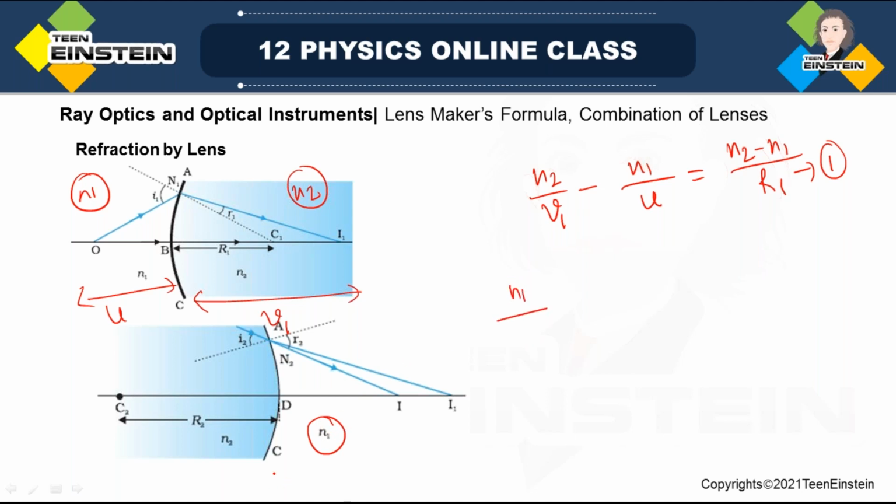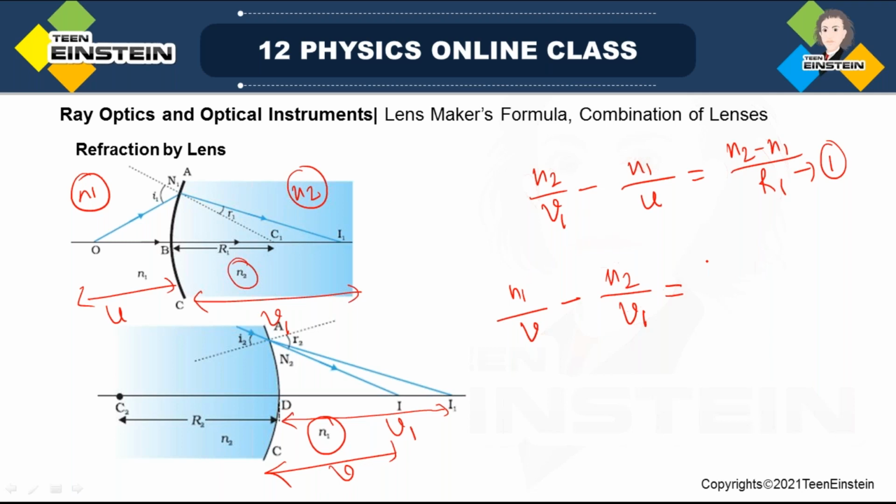So N1 by V, suppose this is the final image and the distance is V. Then minus the object, which was in this medium, N2 by V1, where V1 is the virtual object distance.